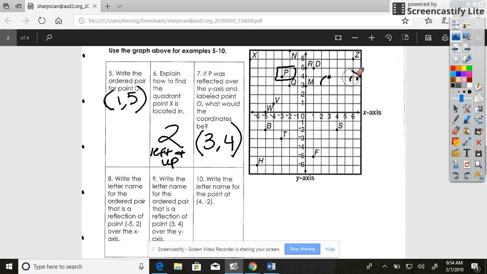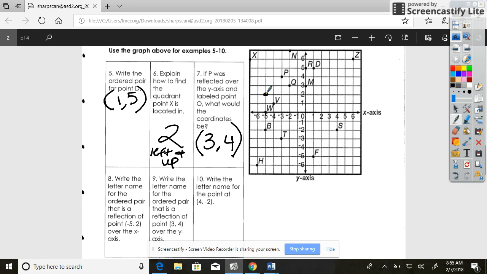The next one. Write the letter name for the ordered pair that is a reflection of point -5, 2 over the x-axis. So you've got to actually find -5, 2, and that would be there.